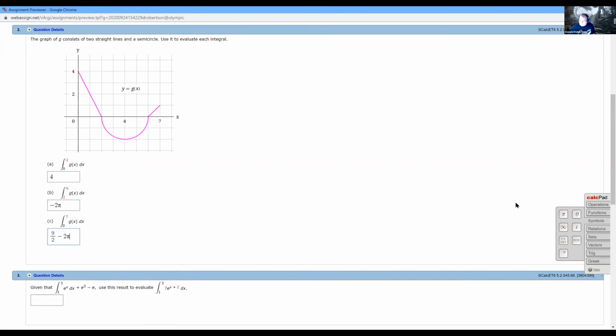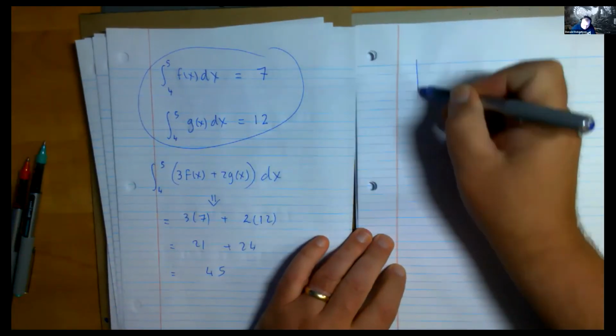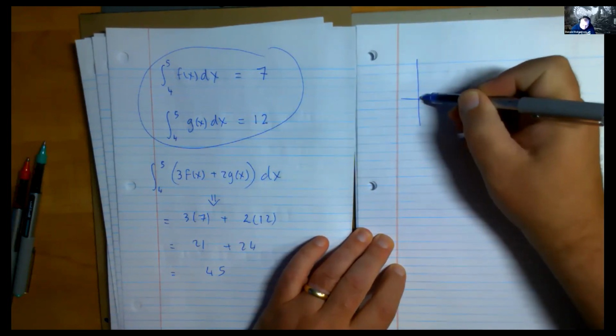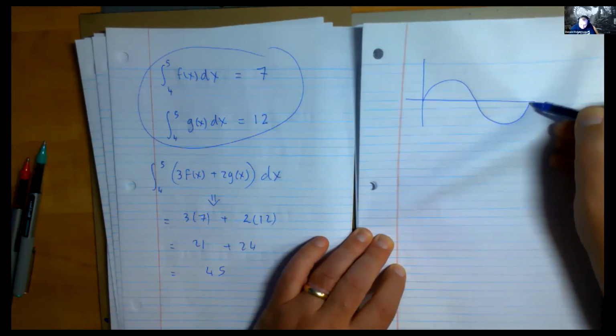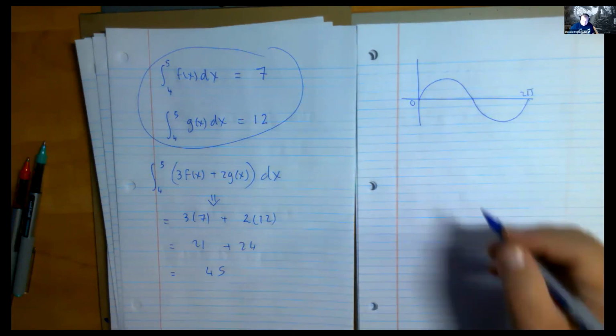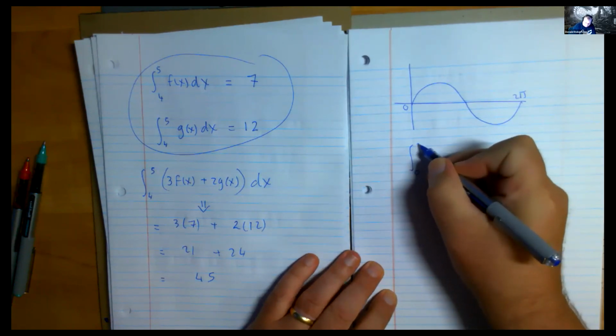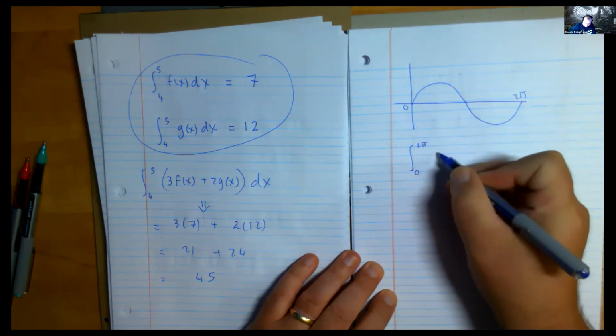Can I do this without screwing up too much? Let me show you something that is kind of cool to do with area under curves. Here is the sine function from 0 to 2 pi. I know the area, right, the integral from 0 to 2 pi of this function.